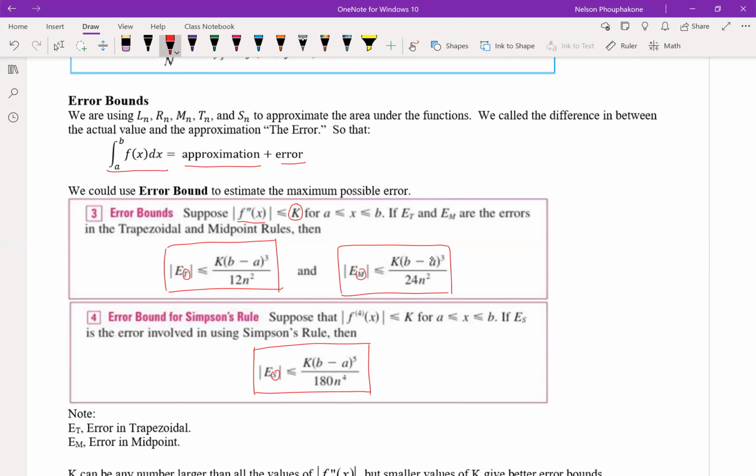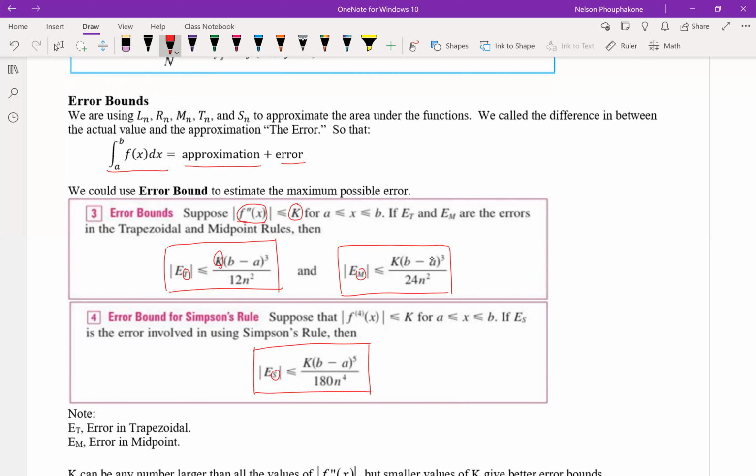Basically, K is the maximum value of f double prime of x, for x between a and b. After we find K, we will be able to find the error band for the trapezoidal rule and also the midpoint rule.